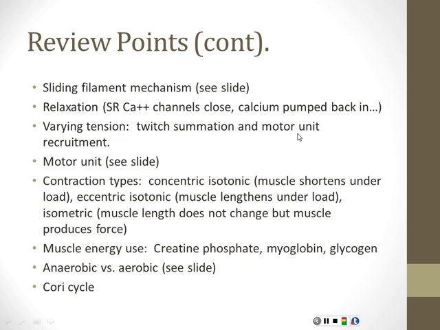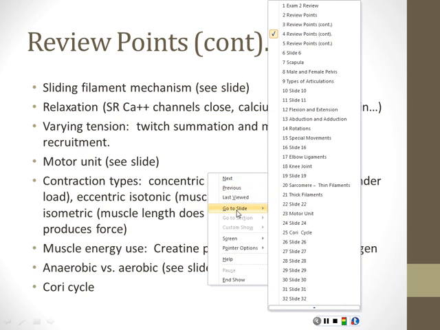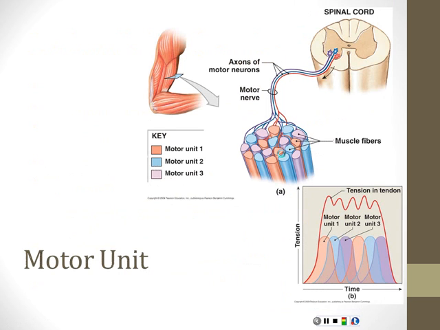The other is motor unit recruitment. So a motor unit is all of the muscle fibers innervated by a single motor neuron. So like here in this example muscle, all of these fibers have 3 neurons that are innervating them.